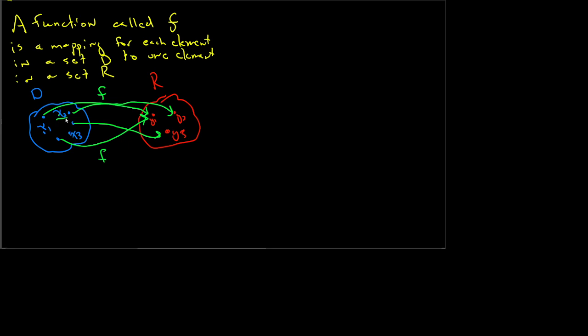x2 only has one corresponding value in R. But that corresponding value, y1, might have come through a couple different things. So we notice that in a function, each element in the domain maps to only one element in the range.